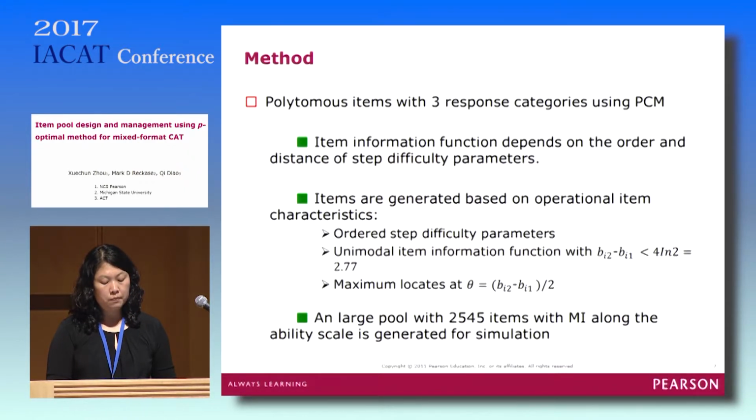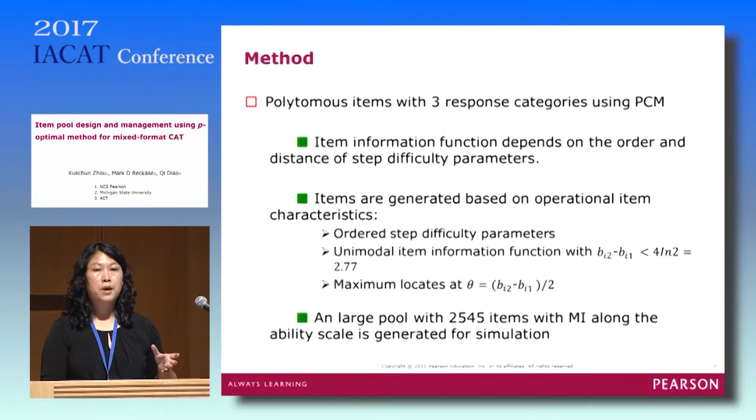So a large pool with 2,545 items with maximum information along the ability scale was generated for simulation. For dichotomous items, the b parameters were generated during the simulation. But for the polytomous items, you first generate this large pool, and then during your simulation, select items from this pool.